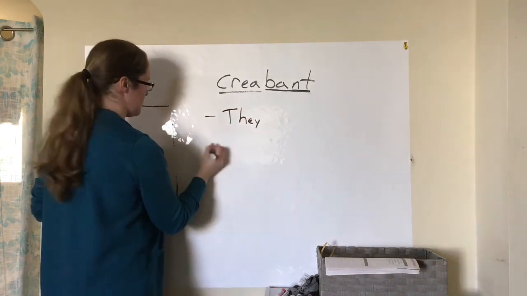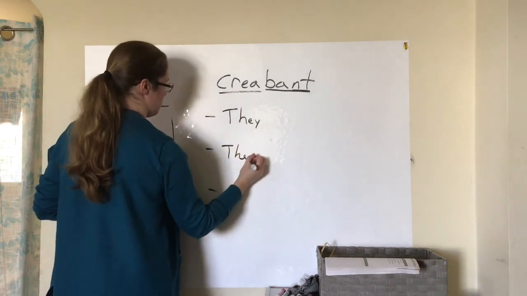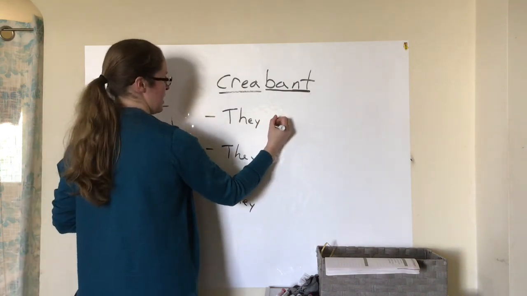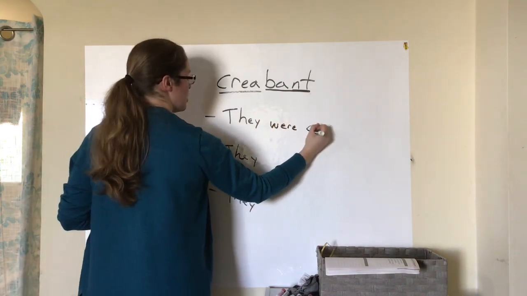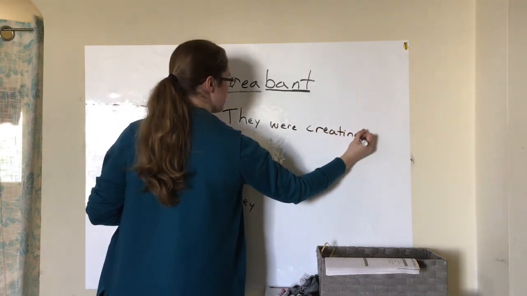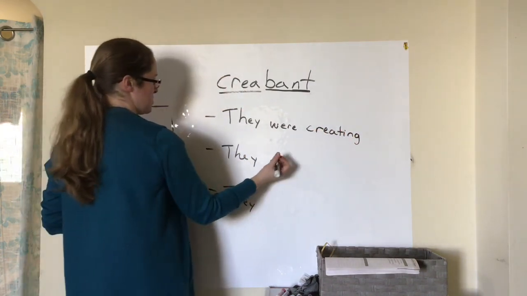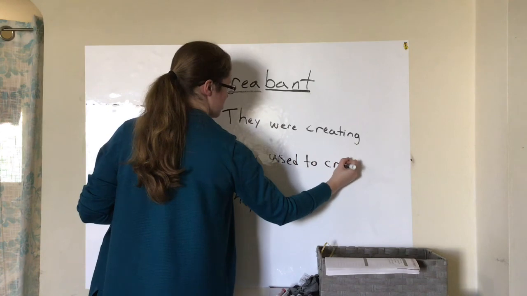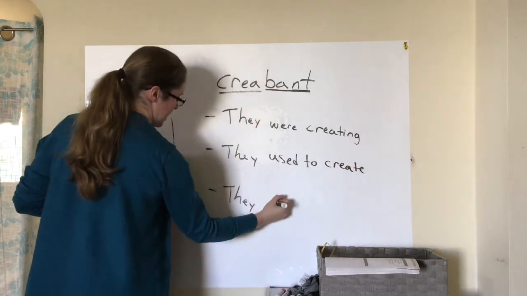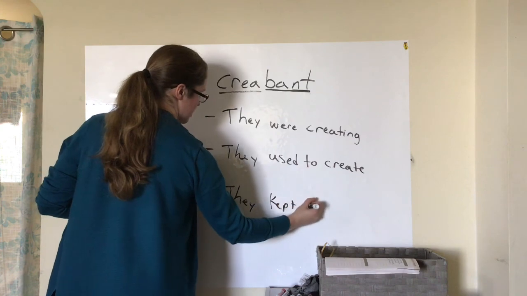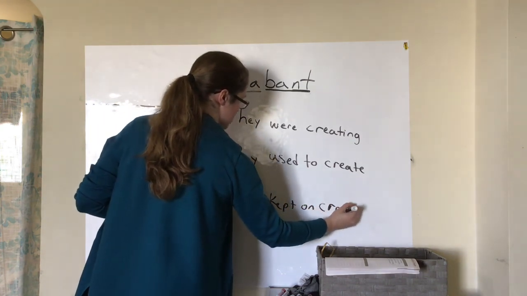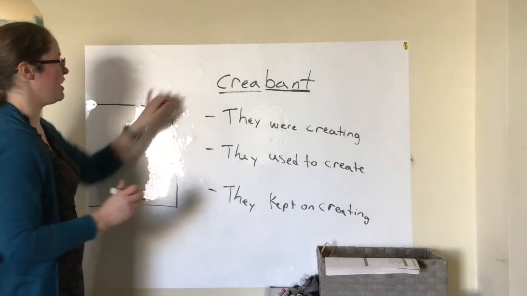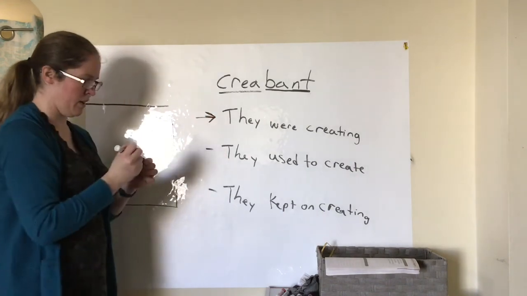So 3 ways to translate the imperfect tense. All of them start with they. Preferred method is they were creating. Other 2 options would be they used to create, or they kept on creating. 3 ways in English, 1 way in Latin, but this is our preferred way.